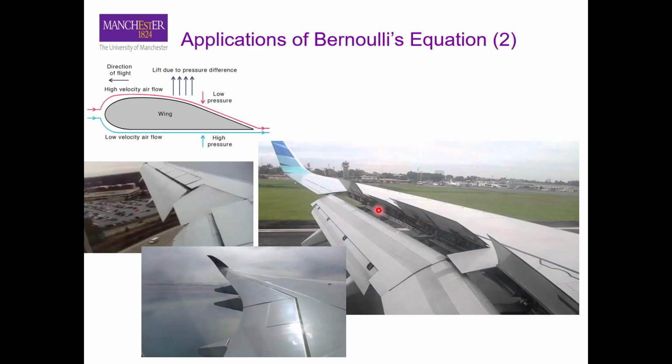The reason for that is that when you are landing, you want to reduce the velocity of this high velocity air, and as such you don't want this effect of lift. So you are reducing the velocity of the air on top of the wing, and it means that you will not have a pressure difference between the top of the plane and the bottom of the plane.